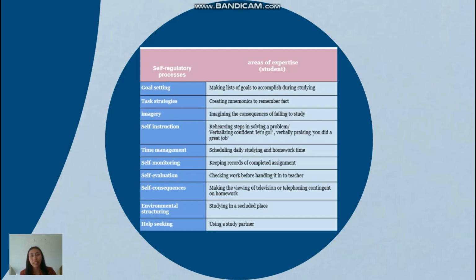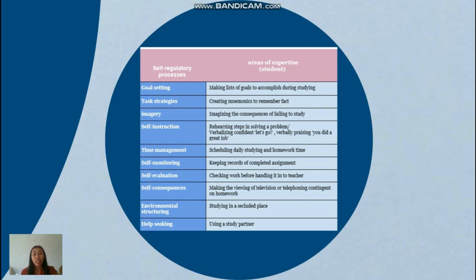And the second is task strategies. Here, the students can make mnemonics to remember facts. So, mnemonics is a device such as a pattern of letters, ideas, or associations that assists in remembering something. You can search on the internet to see examples of mnemonics.